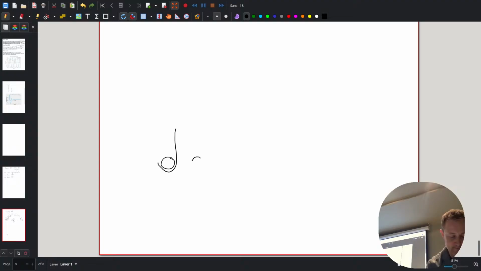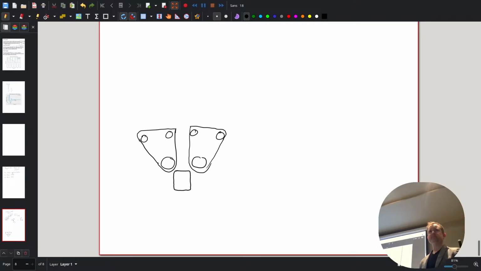It's a really weird design that I'm drawing from memory. Or I guess it was some kind of cube, right? So something like this? Close enough.